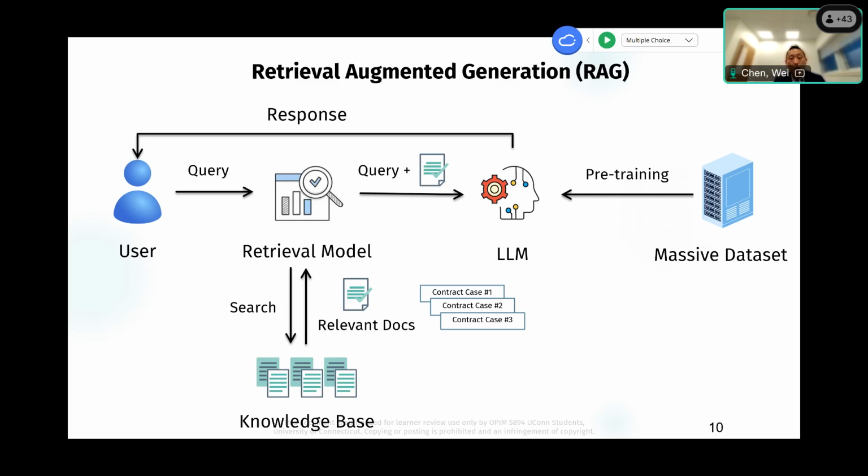And for RAG, since we are adding this retrieval model, we are getting a few documents for the query. It's like, hey, here are the documents that are relevant, so take this and answer from this. So that's why RAG will reduce the extent of hallucination, the probability that large language models make up things, because now they have a cheat sheet that they can use to answer the questions.